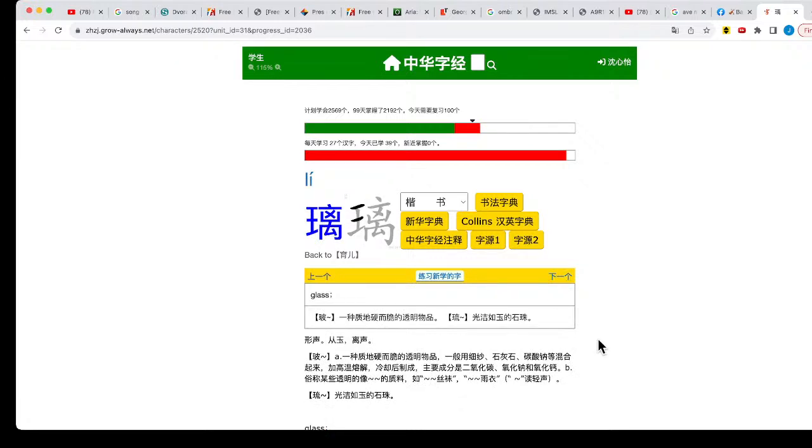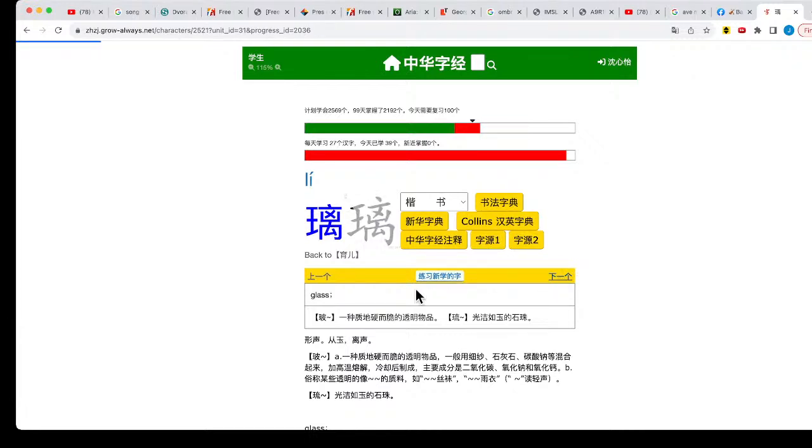Li is glass. It means glass. So 玻璃. Usually nowadays they combine these two characters together as a word called 玻璃. So when you refer to glass, you always say 玻璃. You don't just use 玻 or 璃. You always use them together. So 玻璃 means glass.